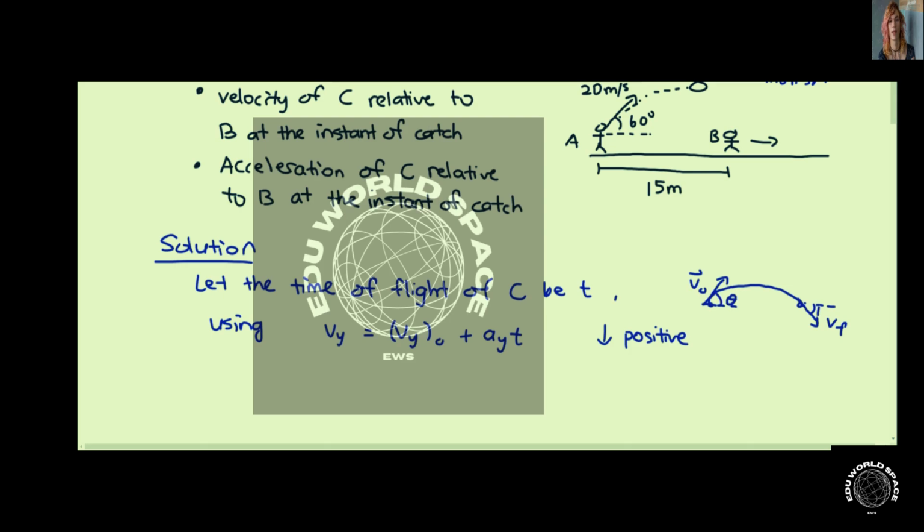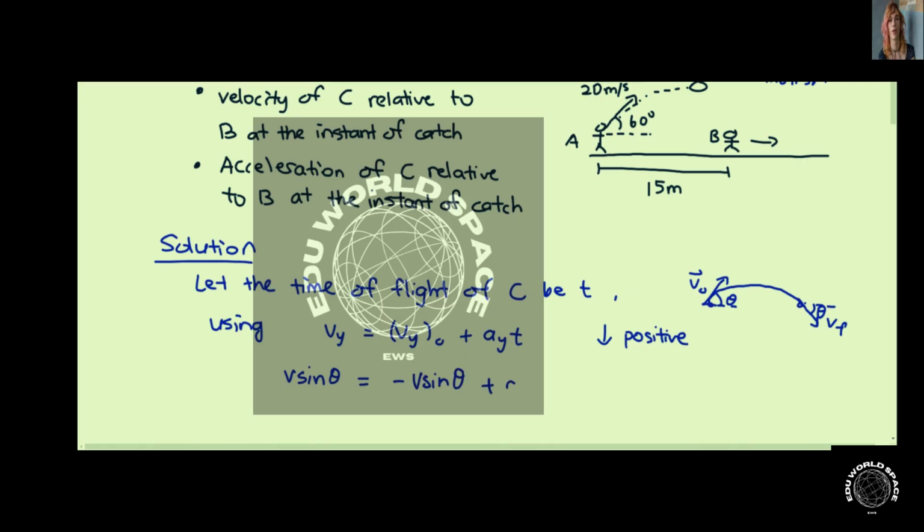In this case, 60 degrees. So the y component of the final velocity will be v sine theta, and the y component of the initial velocity is negative v sine theta, and then plus gt.